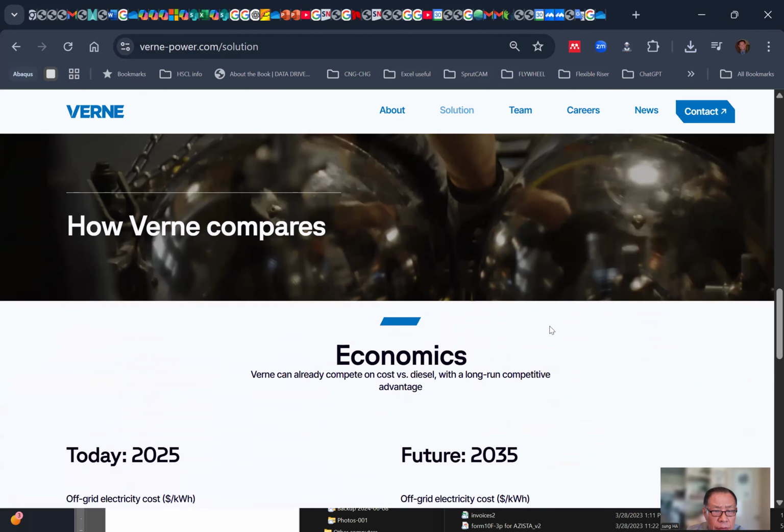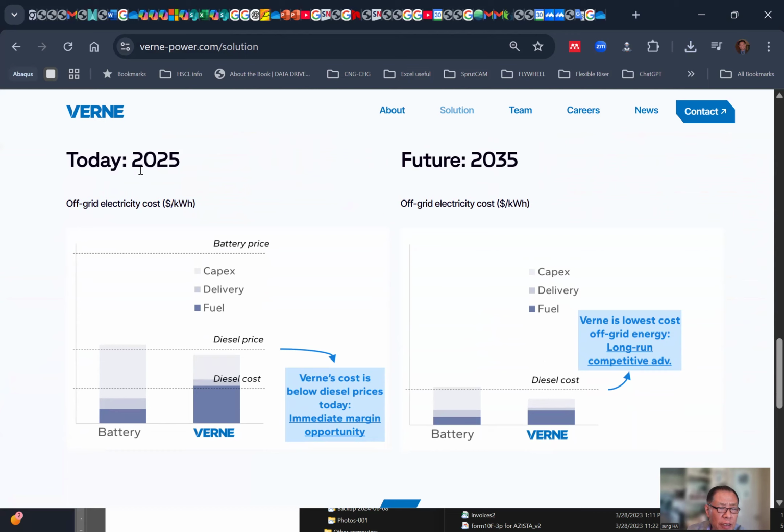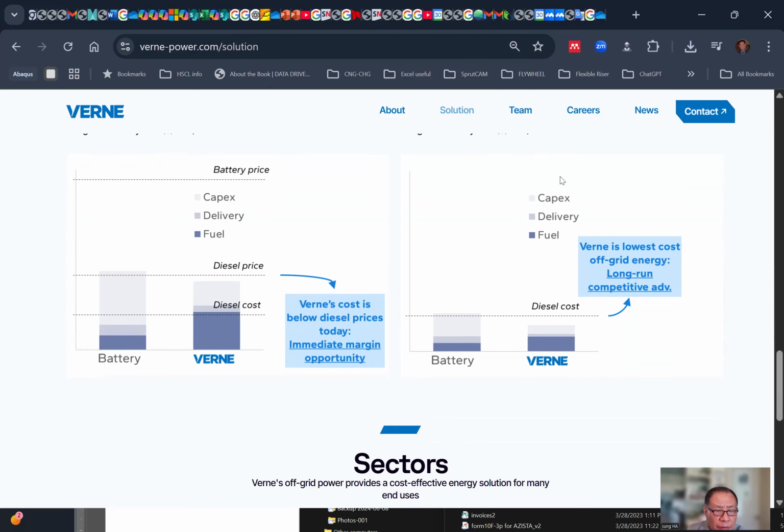So their vision is today 2020 versus the future after 10 years, 2035. As you can see, the cost will be much less than diesel cost.